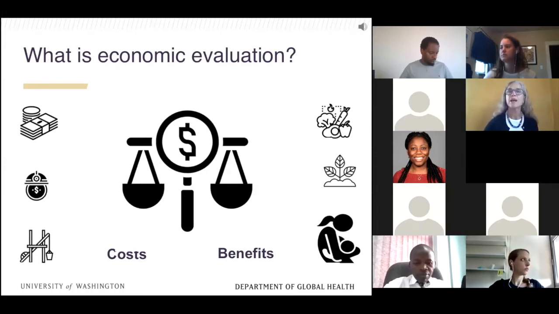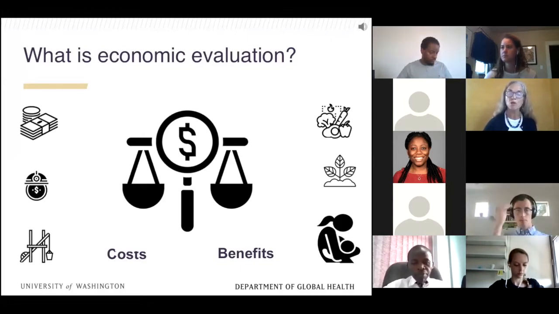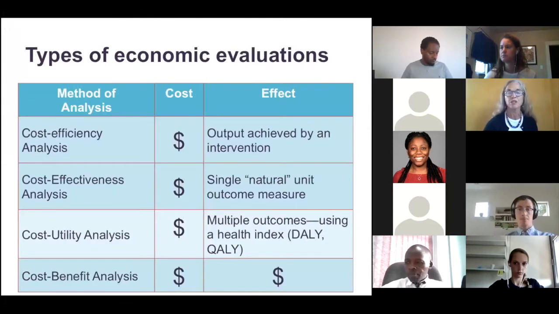So we can compare which of those gives us best value for money and which is affordable. And remember, economic evaluations are about comparisons. We not only compare costs and benefits, but a comprehensive evaluation will also compare options and scenarios. So let's go ahead now and look at those specific types of economic evaluations.